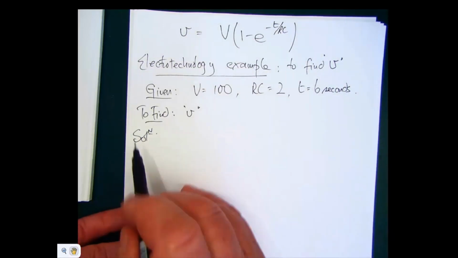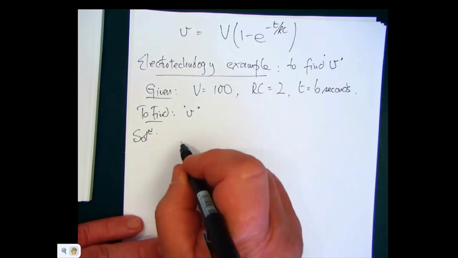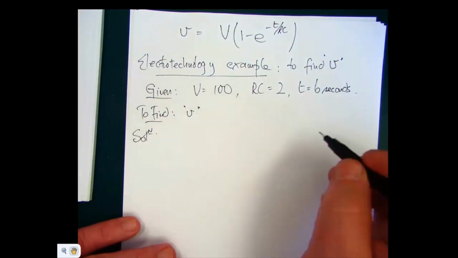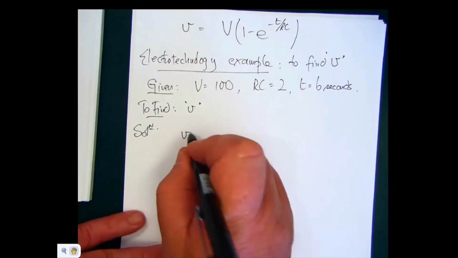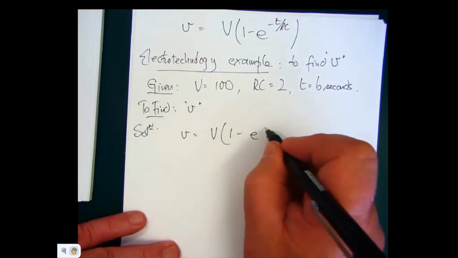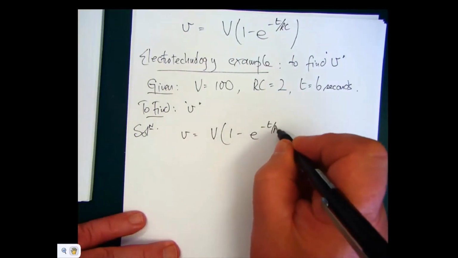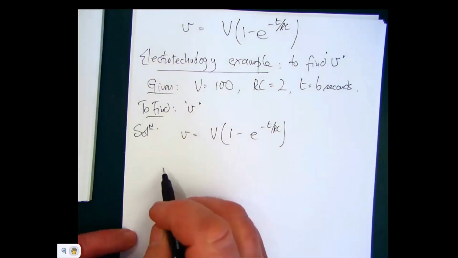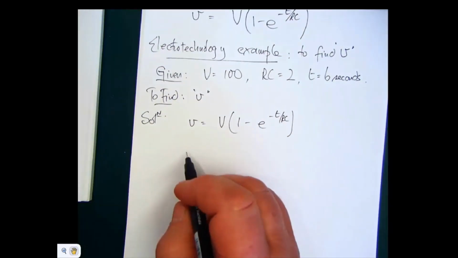So here we go, we write out the solution, and usually a good idea as you're thinking about this is to write down what you have been given. Okay, so start with this. Now the next stage is to substitute your values in.